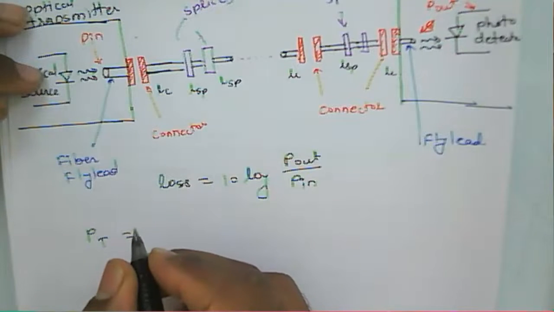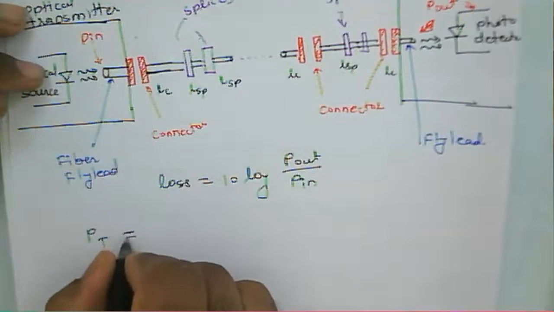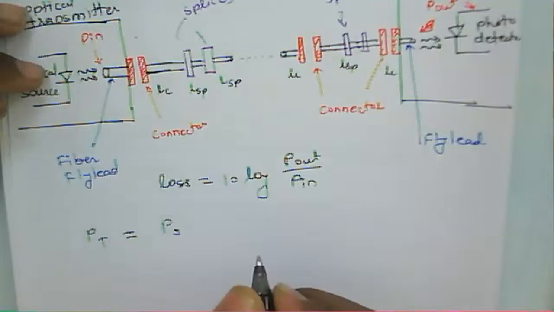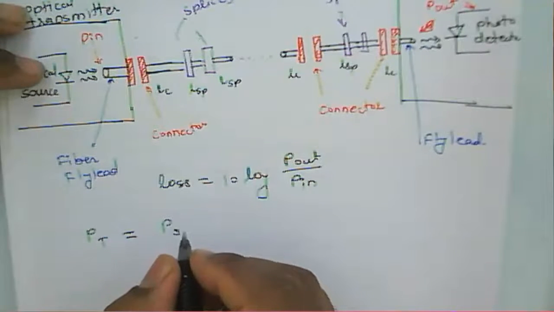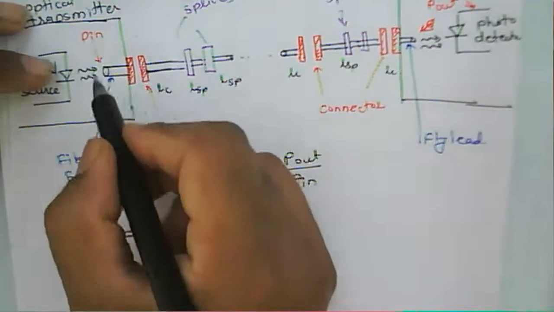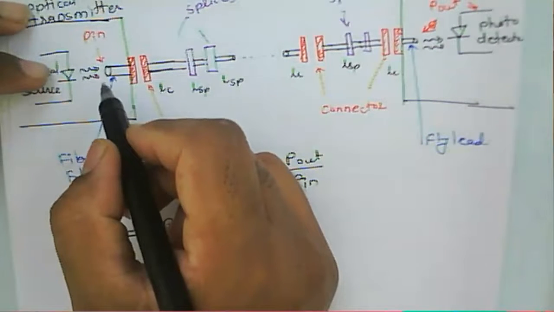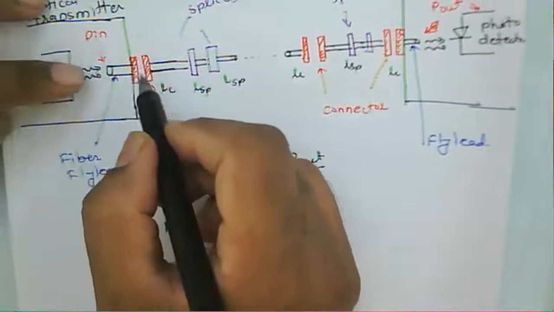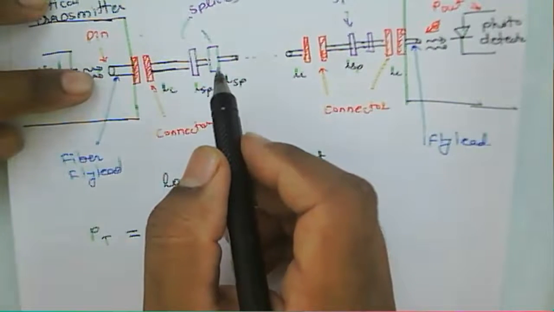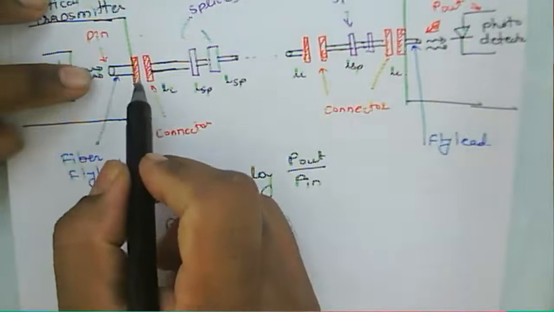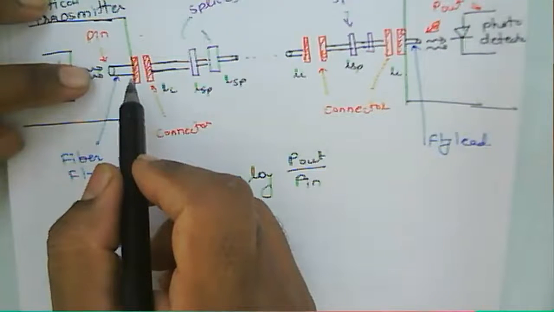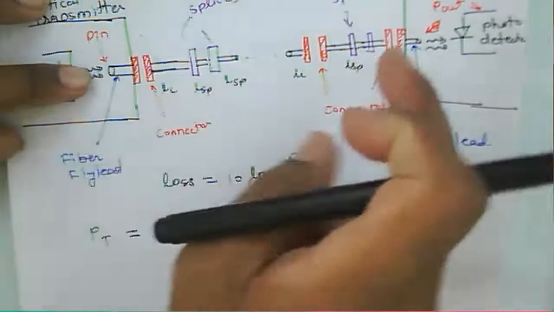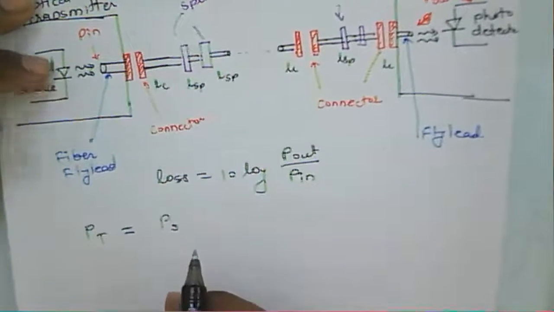So we calculate here a total loss: the power entering inside the optical fiber through this fiber lead from the light source, meaning the power coupled inside the optical fiber, and what will be the power received at this receiver there.